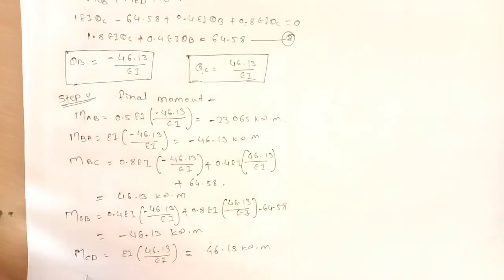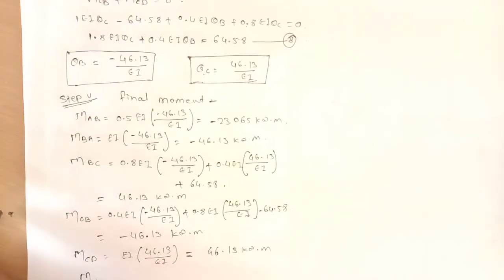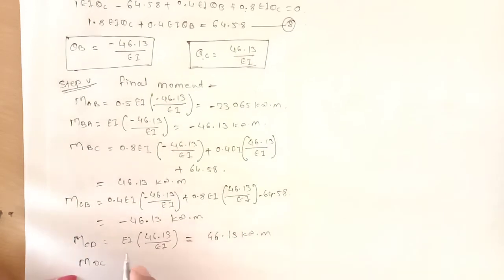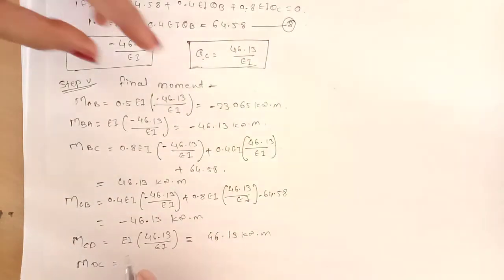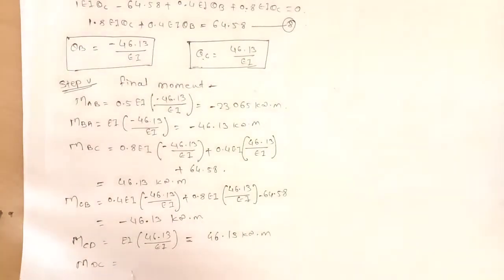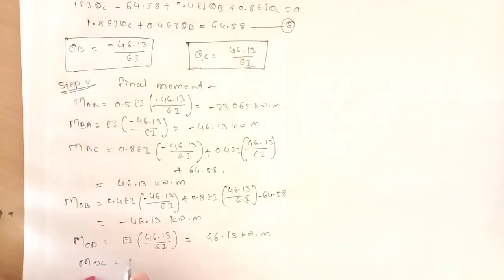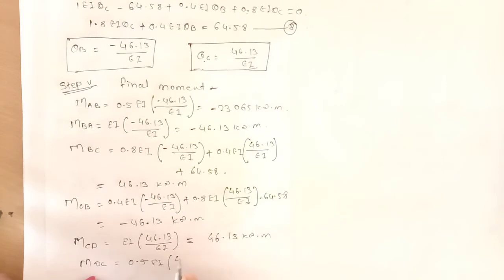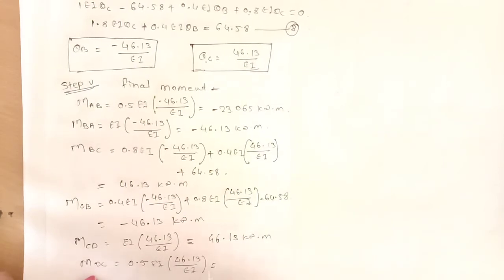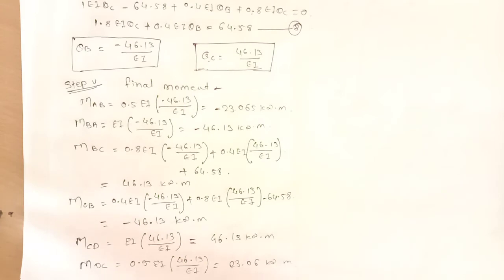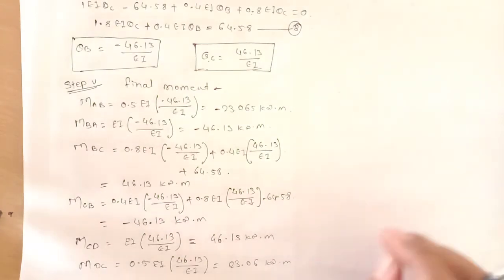And last, the end moment at member DC is equal to, the equation is 0.5 EI theta C, where theta C value is 46.13 divided by EI. So the answer is 23.06 kilonewton meter. Okay, so these are our final end moments.